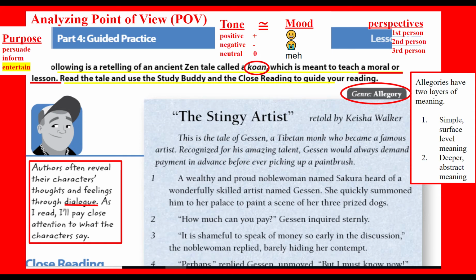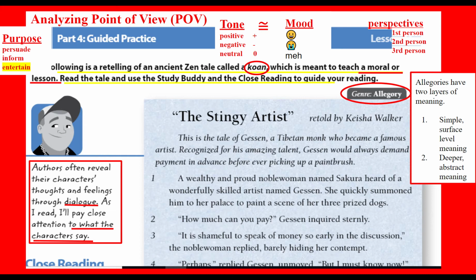So, our study buddy says authors often reveal their characters' thoughts and feelings through dialogue. And as I read, I'll pay close attention to what the characters say. So, we know that dialogue is literally the characters talking. You can know part of the text is dialogue because it has quotation marks around it. That helps you recognize dialogue.